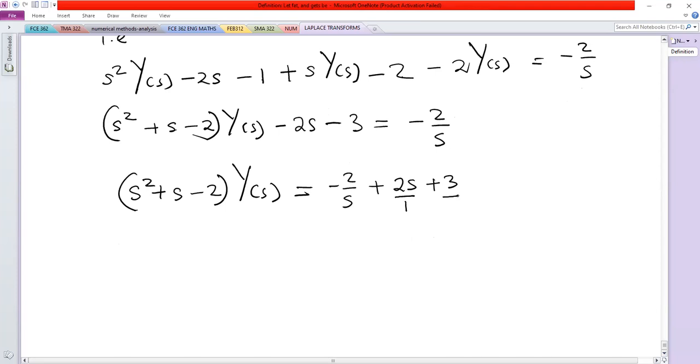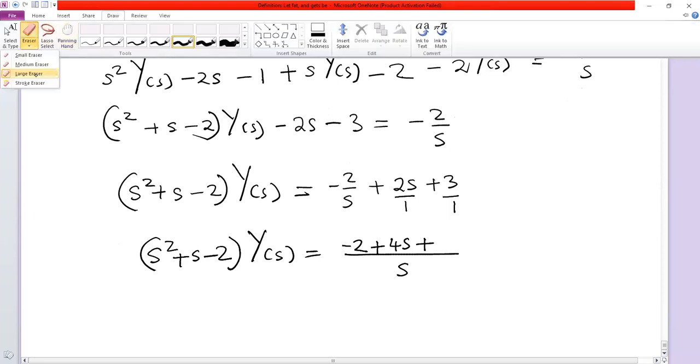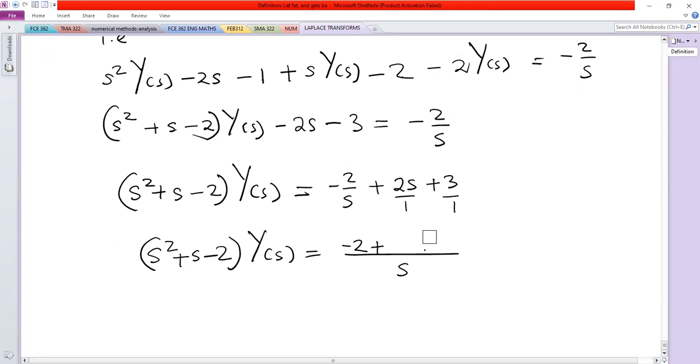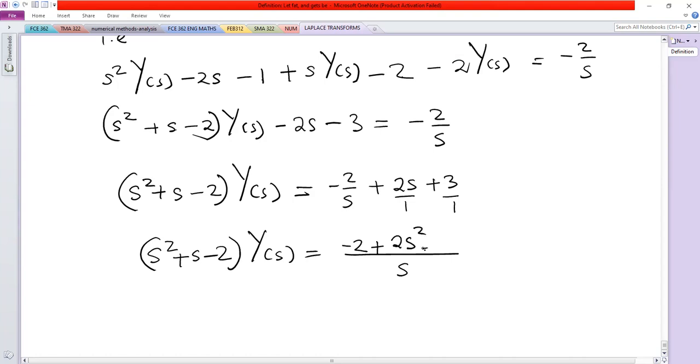So s squared plus s minus 2 times capital Y of s equals, the LCM is s, so minus 2 plus 2s squared plus 3s.